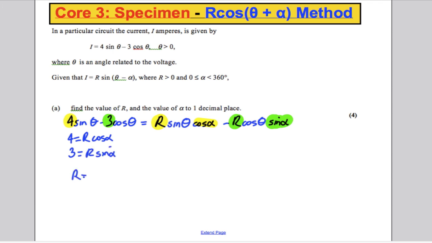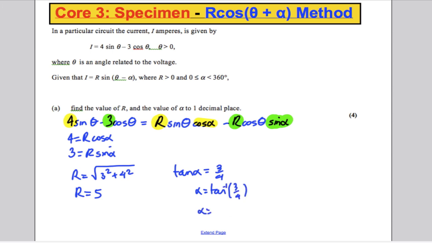As always, r will therefore be the square root of 3 squared plus 4 squared, so r is therefore 5, and of course tan alpha will be 3 over 4, so alpha will be the inverse tan of 3/4, and we are in degrees mode this time, so the inverse tan of 3/4 is equal to 36.87 degrees, but to one decimal place, 36.9 degrees.